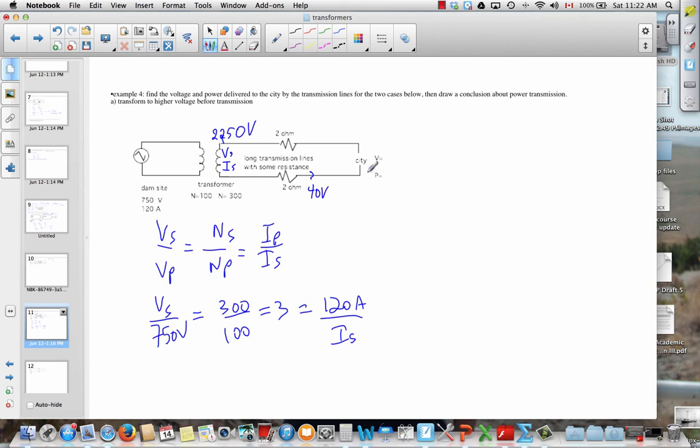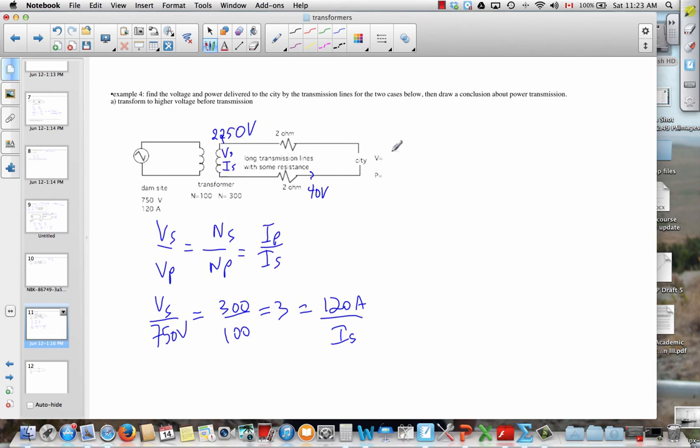Now what's going to arrive at the city isn't the 2250 volts, because there will be some energy loss in these resistors. So we can just apply Ohm's law first of all. We could say 2 ohms, 40 amps, there's an 80 volt drop across this one. 80 volt drop, 2250 gain, 80 volt drop.